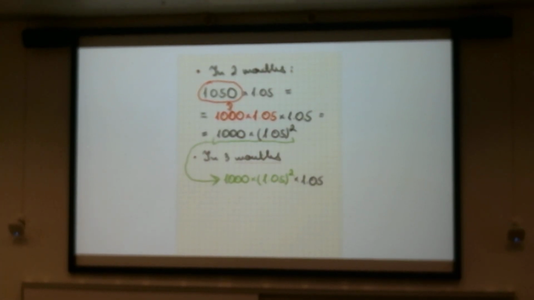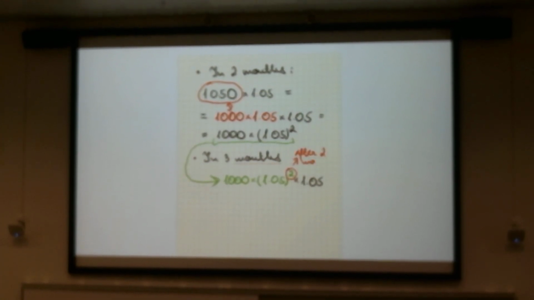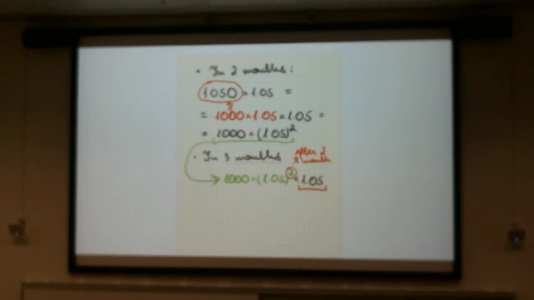Right? So that's what it means. The 2 here means that this is what I have after 2 months, and this is another month. But this is just the same as 1,000 times 1.05 to the power of 3. So that's the same.